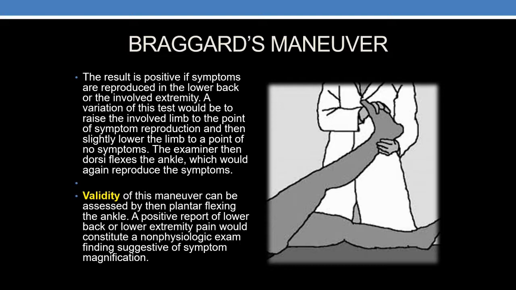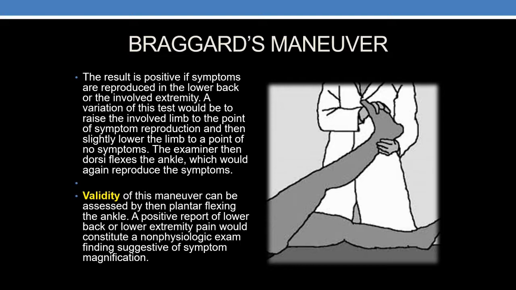And a validity maneuver that you can do as the doctor is, when your examinee reports an increase of pain with the Braggard's maneuver, you simply then take the ankle in the other direction toward plantar flexion to reduce the traction on the lumbar spine nerve roots, and this should relieve the symptoms.